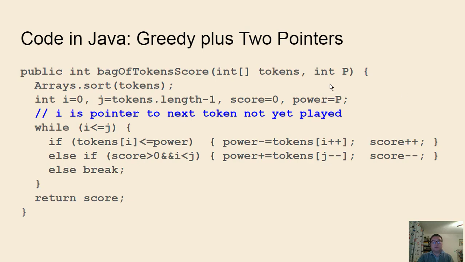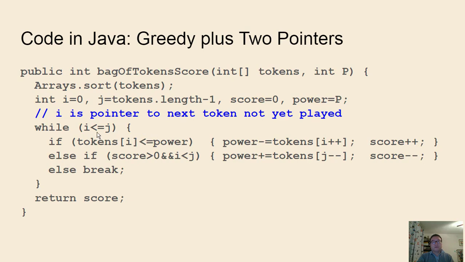So this is my code, which is slightly different from the logic in the slide. I do a 2-pointer loop, and in every iteration, at least one of the pointers will move. I points to the beginning, the tokens with small values, and J points to the end, the tokens with big values, since they are sorted in the beginning.